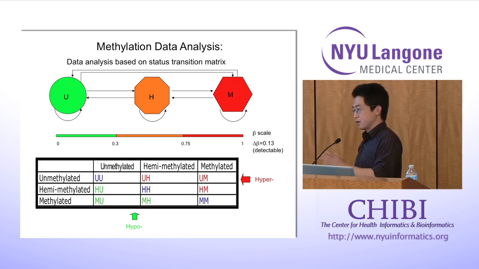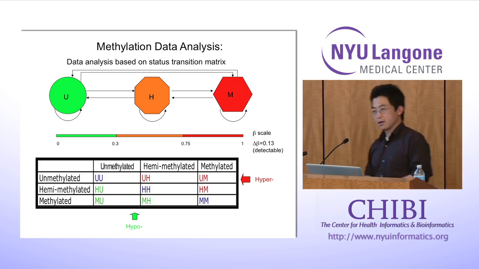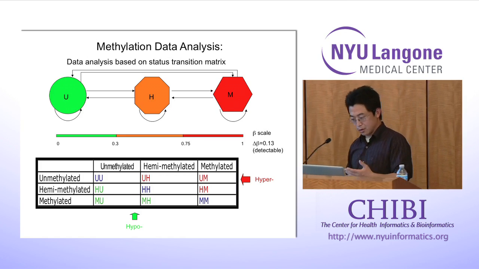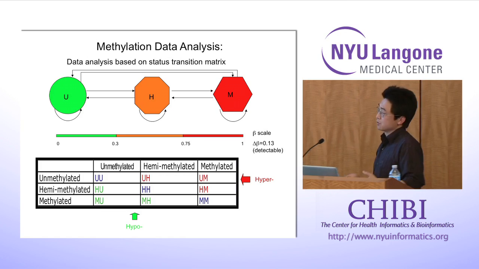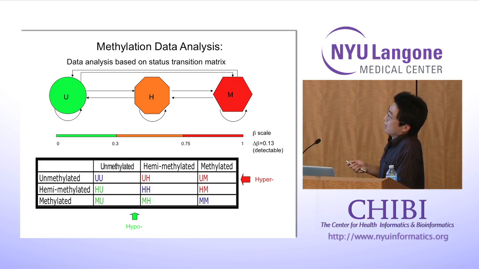So when we compare two states, we can give each gene a transition status, whether that gene changed from unmethylated to methylated, or vice versa, or different combinations.